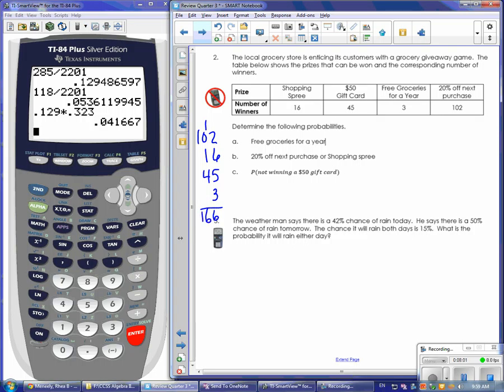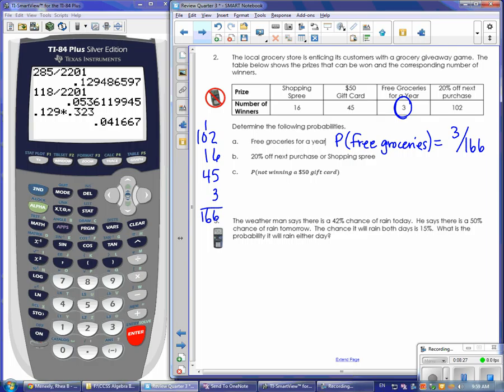So I have a total of 166. So if I want to find the probability of free groceries for a year, I'm going to take the number in that category, and there were 3 of them, and put that out of the 166 winners. And that's how I would calculate the probability there.